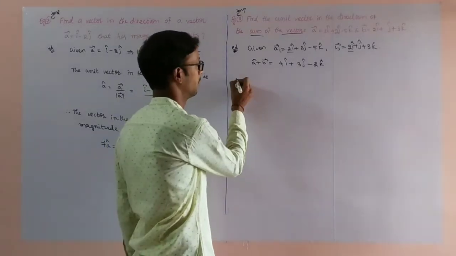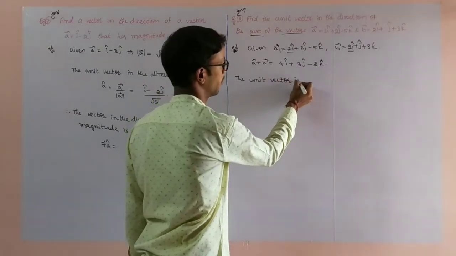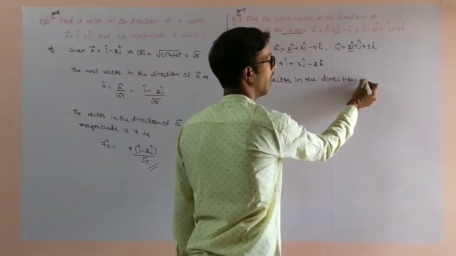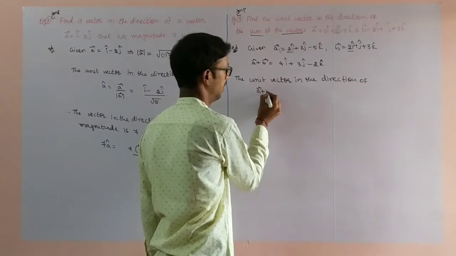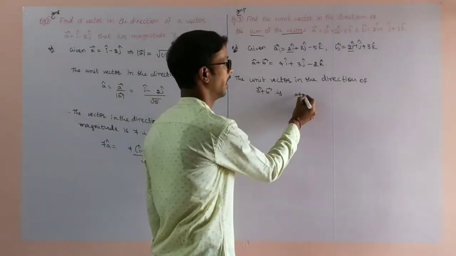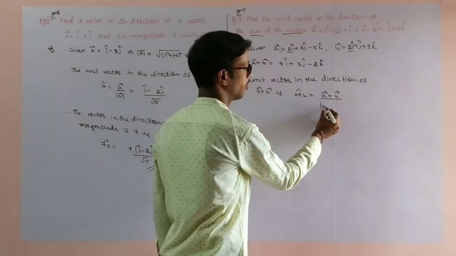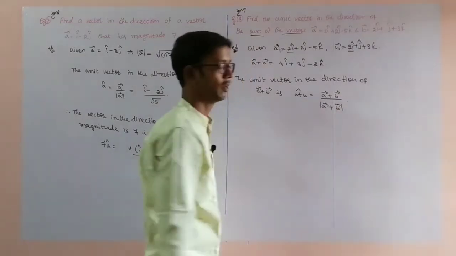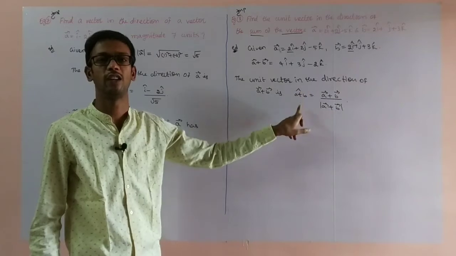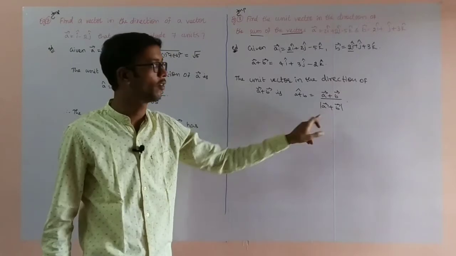For that purpose, the unit vector in the direction of a bar plus b bar we can write as the cap of a plus b, that is a bar plus b bar by magnitude of a bar plus b bar.